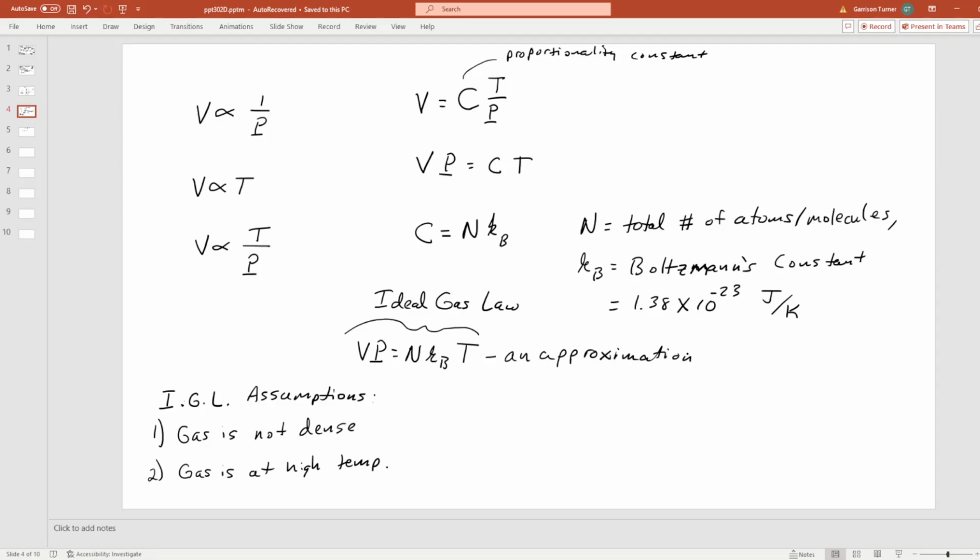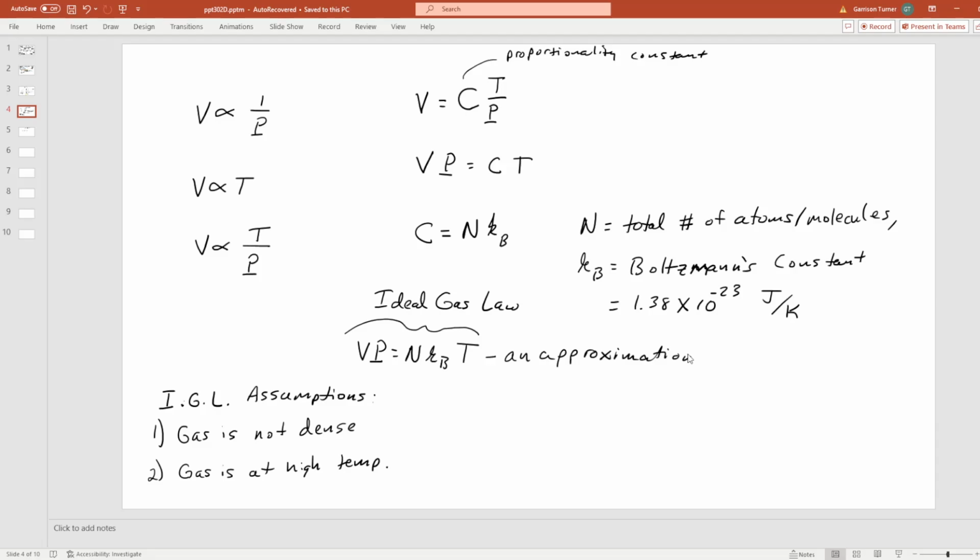It just so happens that for a very wide variety of gases under the conditions that we would typically interact with them, it's a really, really good approximation. So, for example, we would typically model the atmosphere as an ideal gas for simplicity, and we would get really, really good results with it under most conditions.